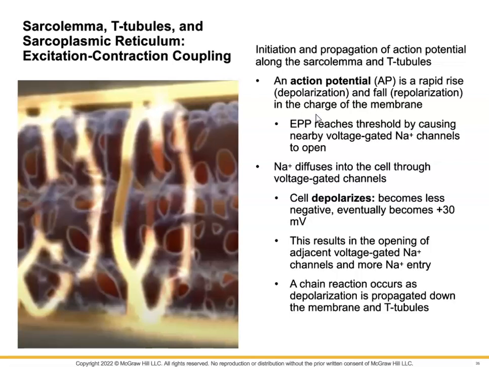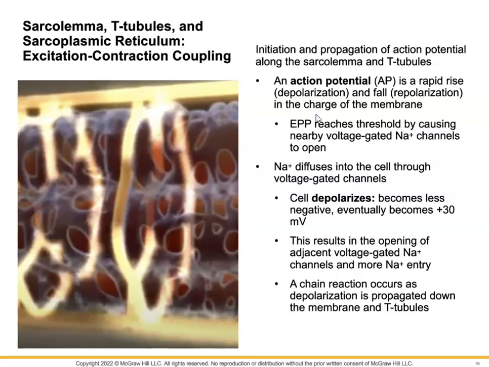Okay. Now, as this is happening, the internal part of the sarcolemma was relatively negative, but it becomes relatively a little more positive with a change in the membrane potential from the threshold that we mentioned a while ago. Remember, we started out with resting membrane potential at -90.